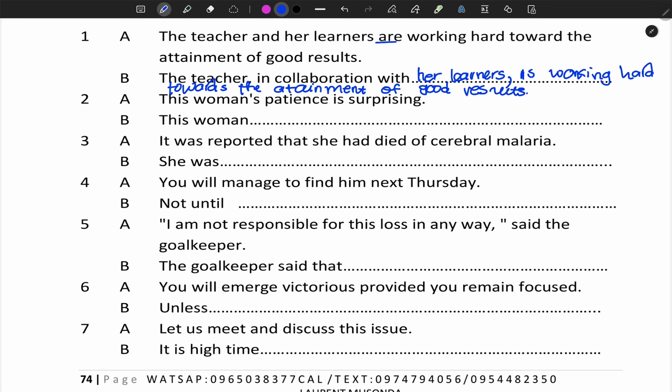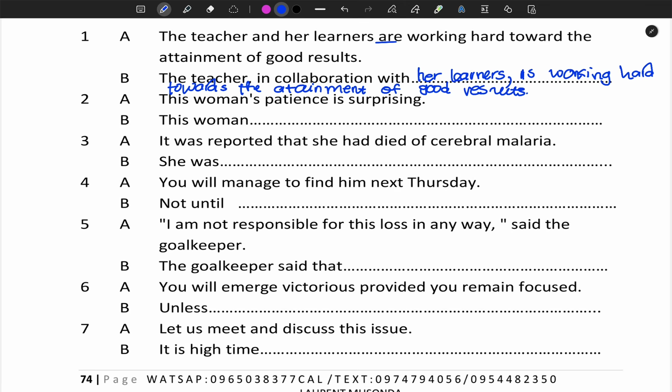So this is the rule that you need to make sure you follow. We have two commas: the teacher, comma, in collaboration with her learners, comma, and instead of saying are, you need to treat this sentence as singular: is working hard towards the attainment of good results.